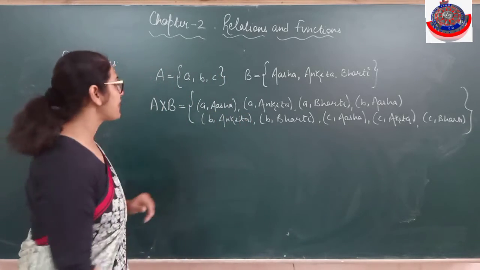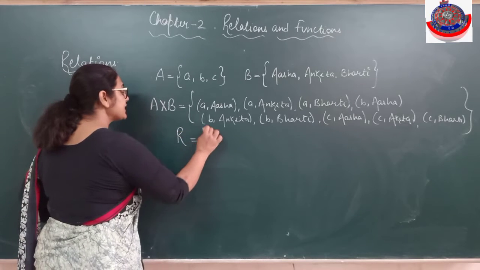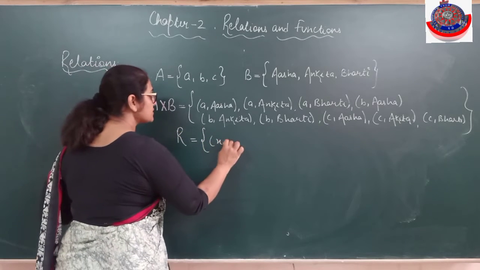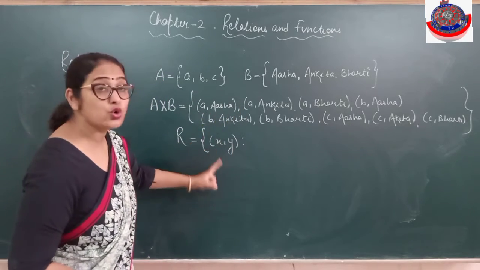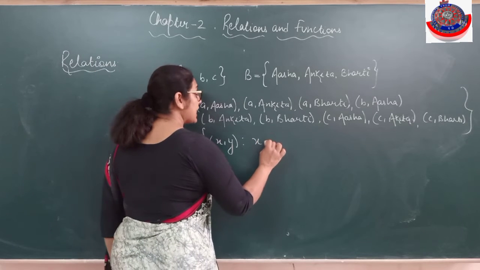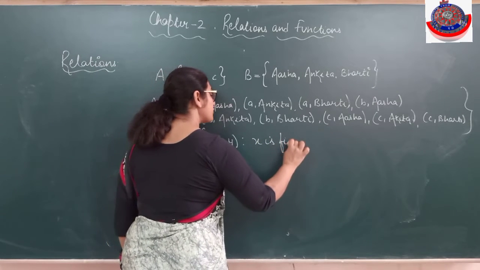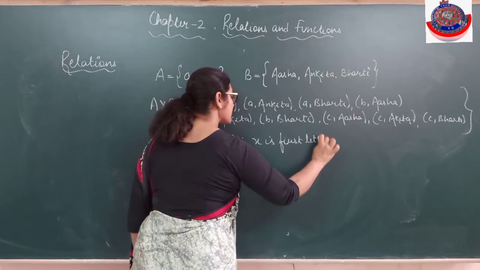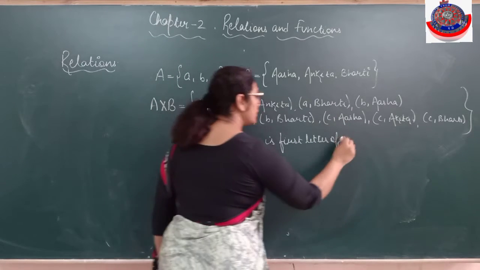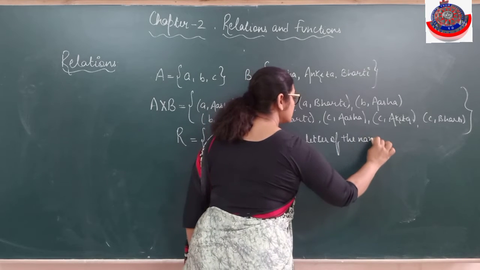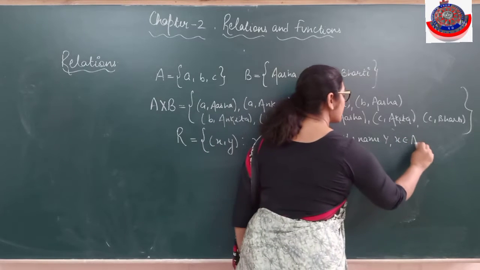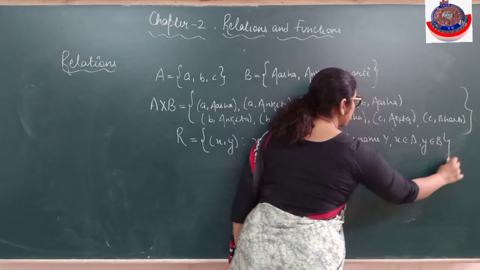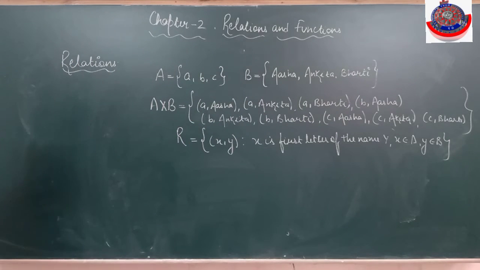What is a relation? Suppose I define a relation R like this. Out of A cross B, I want to pick up those ordered pairs (x, y) where x is the first letter of the name y, where x belongs to the first set and y belongs to the second set.